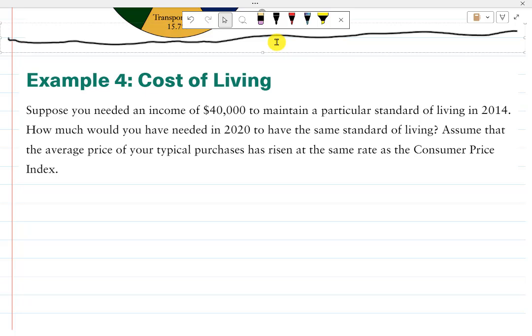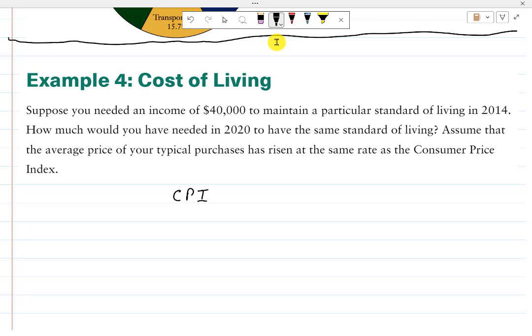Here's an example that's going to use the Consumer Price Index in our calculations. Suppose you need an income of $40,000 to maintain a particular standard of living in 2014. How much would you need in 2020 to maintain that exact same standard? And of course, the assumption is that things have grown according to the Consumer Price Index. So we want to take a look at the CPI.